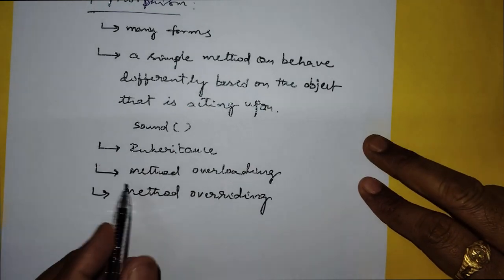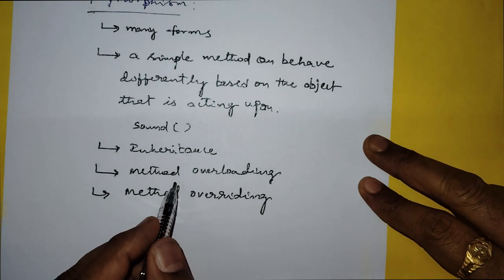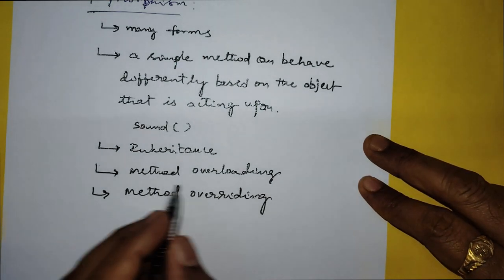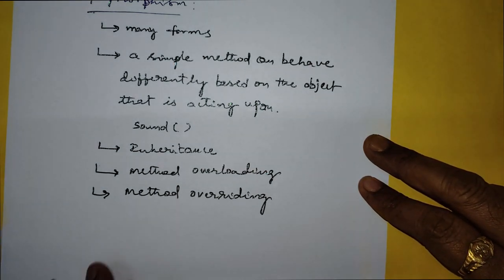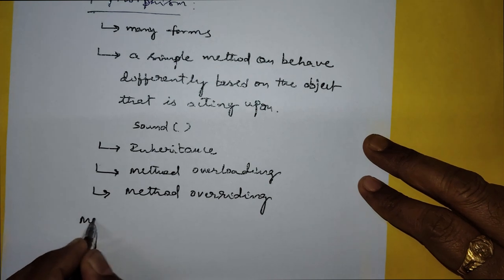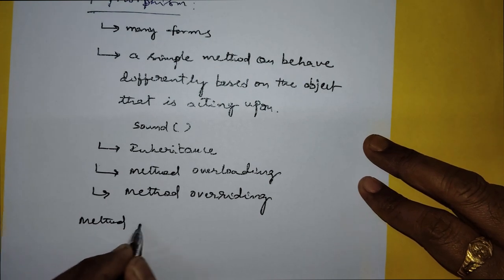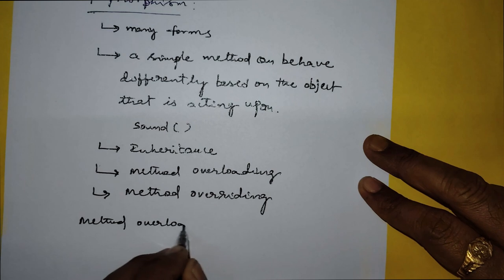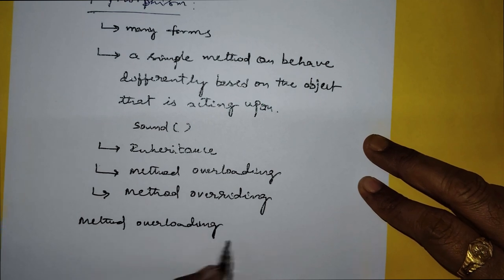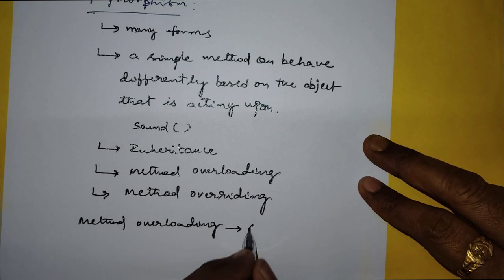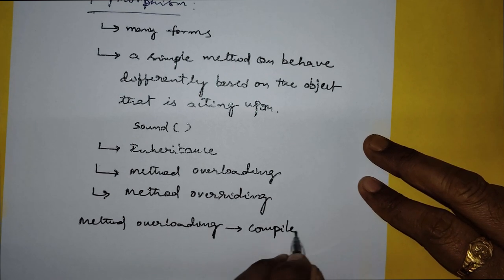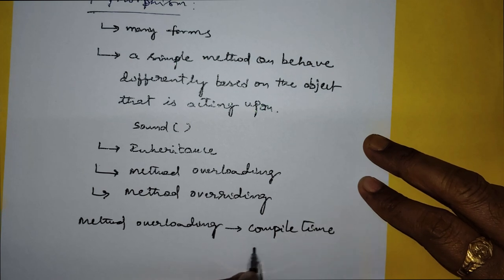If we use method overloading, then it is known as compile time polymorphism.